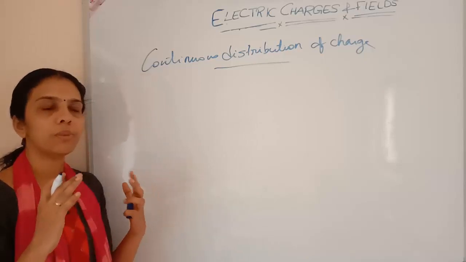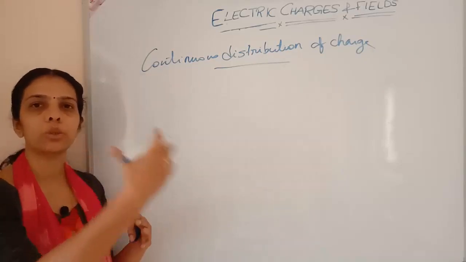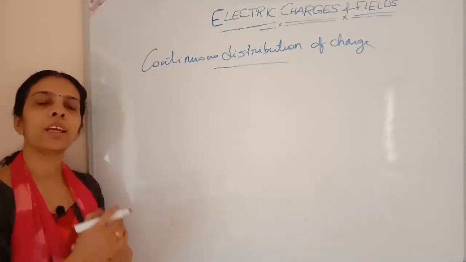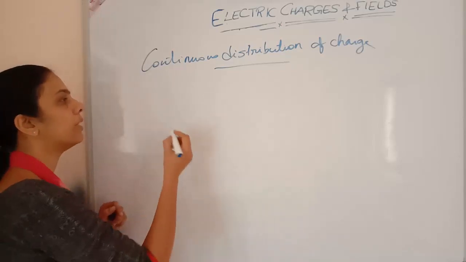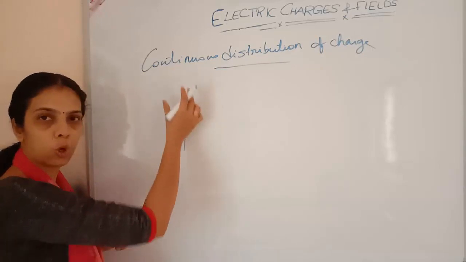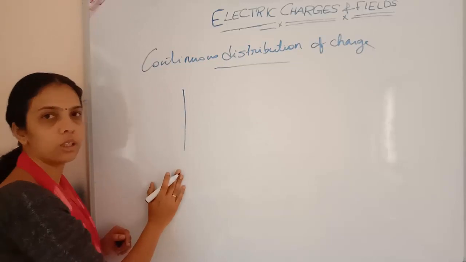We already learned about point charges, q1, q2, q3, like that. Many point charges we considered. Instead of that, if I want to consider one line, a small rod, I need to find out what will be the charge in that rod?